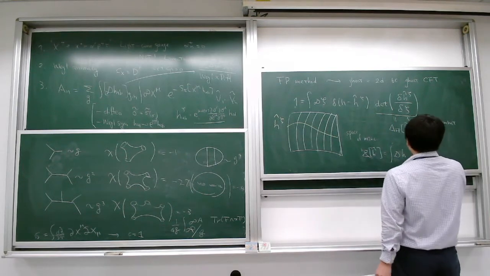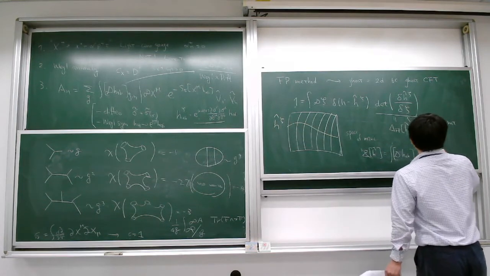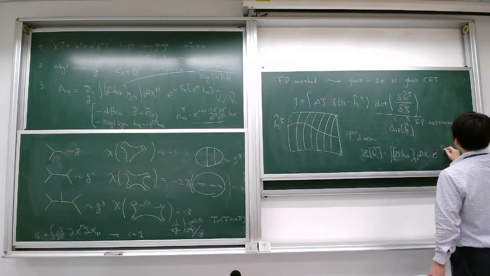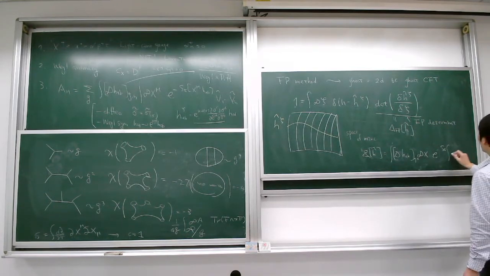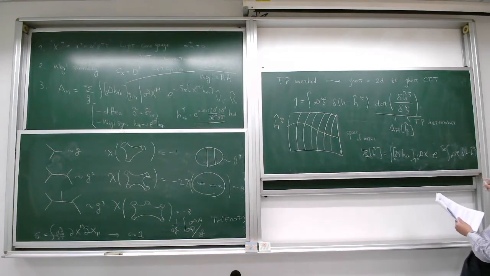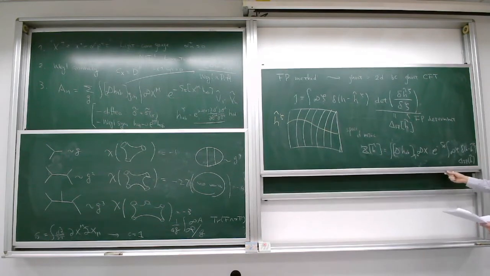We have the integral over h_ab, g_n, dx, e to the minus string sigma model action. And then we just insert 1. Okay, 1 is this one: we put the delta function, h minus h hat, times the Faddeev-Popov determinant.